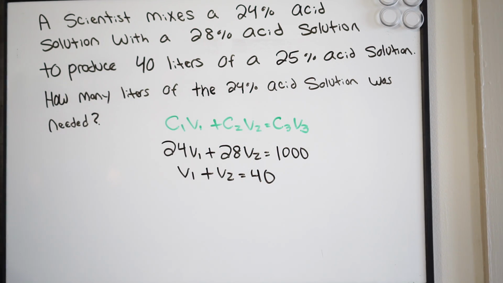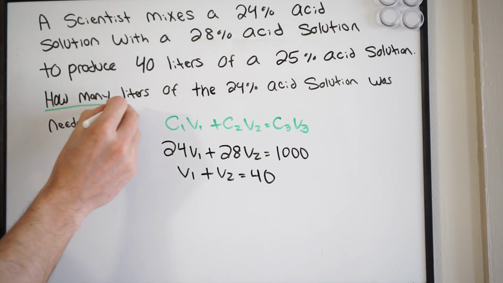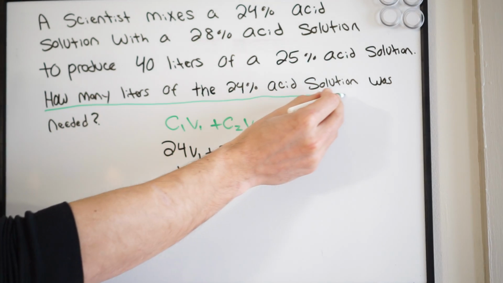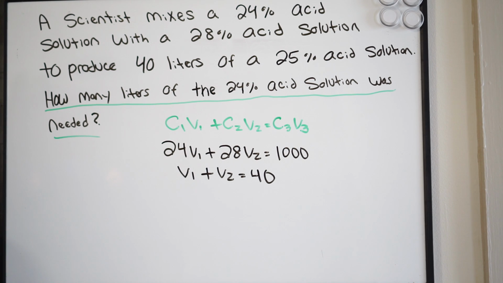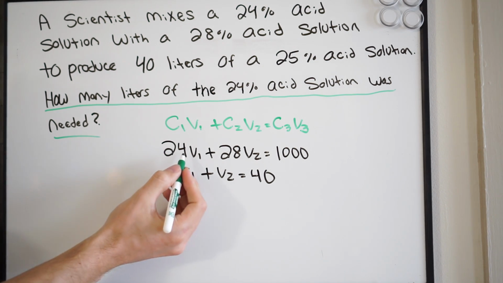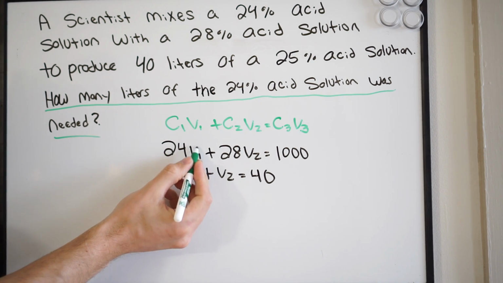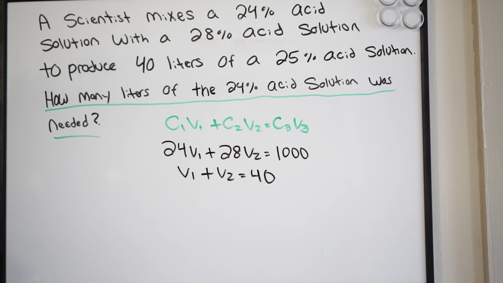Well, now I have a system of equations, and I can solve for the variable that's in question. And what variable is in question? It says how many liters of the 24% acid solution was needed. Well, we're talking about this variable right here, V1. Alright? That's what we're trying to solve for.